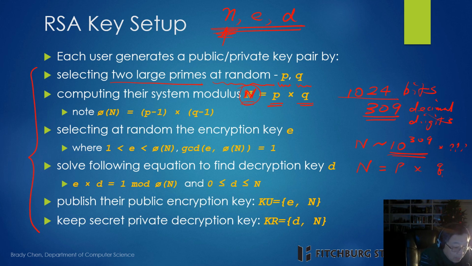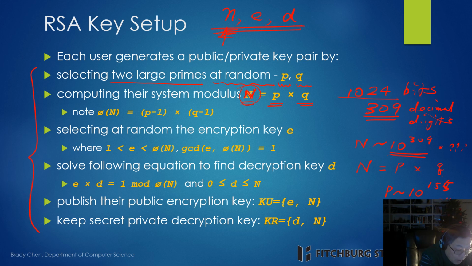Now what are P and Q? P should be at least about 10 to the 154, right? And Q should be about 10 to the 154, or maybe we can make one a little bit bigger, 10 to the 155. So P times Q becomes 10 to the 155 times 10 to the 154.